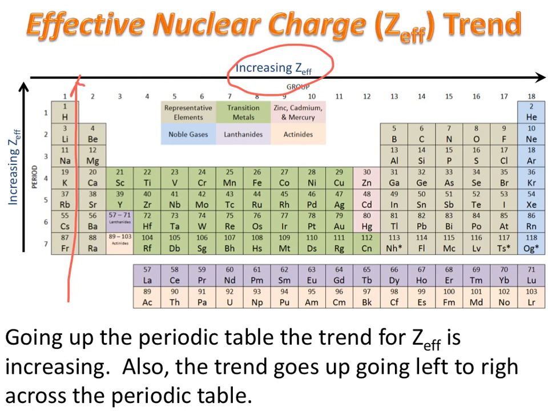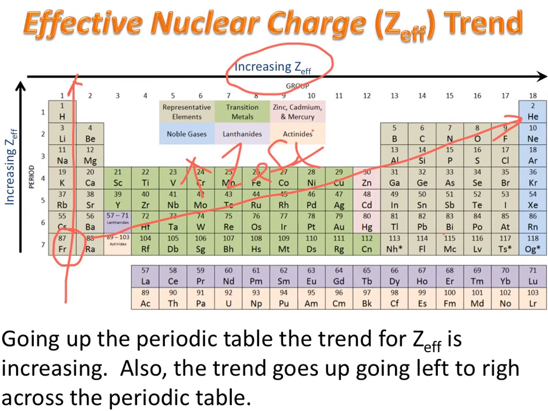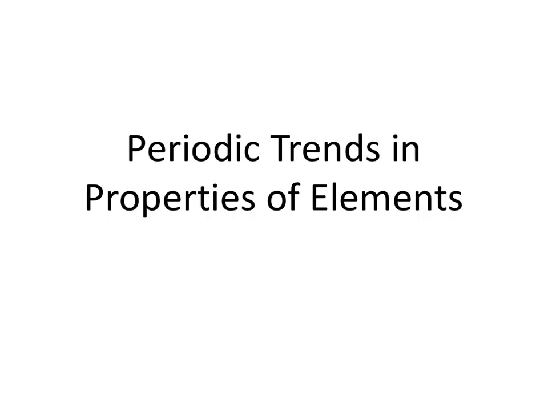So we are going to basically establish our trends as what happens from the lower left corner as you go up to the upper right hand corner, and the Z effective increases along that diagonal. And we will find that most of our trends will follow this diagonal and will give us either an increasing trend or a decreasing trend.